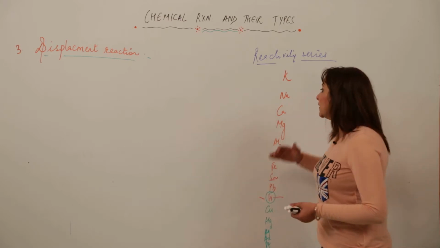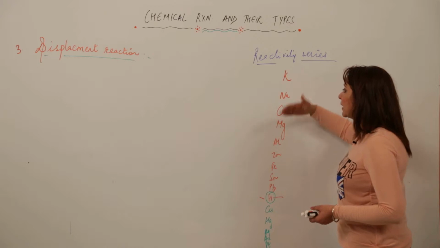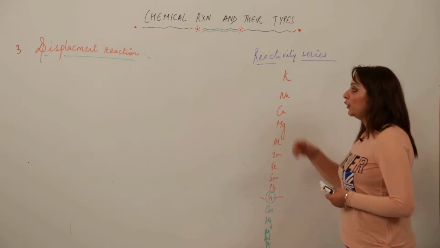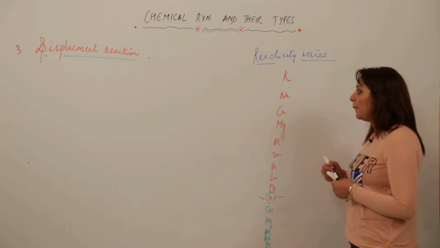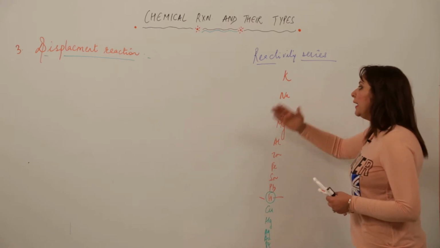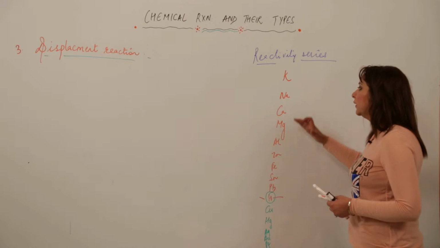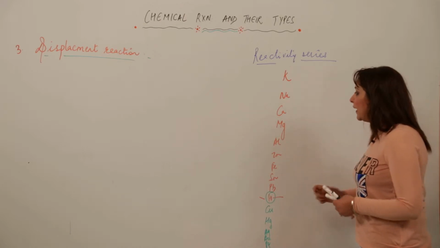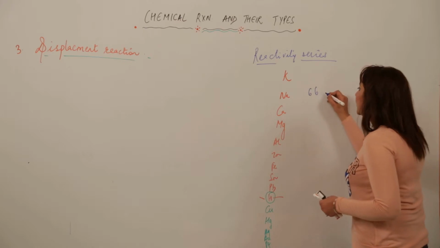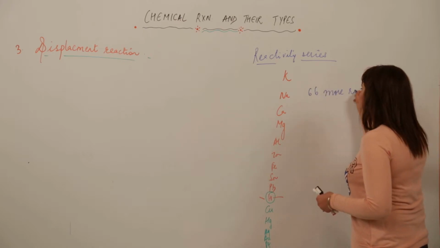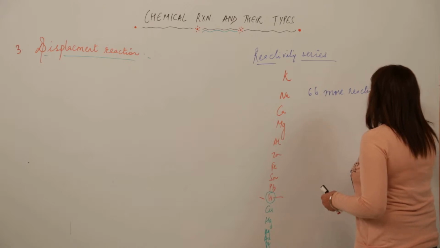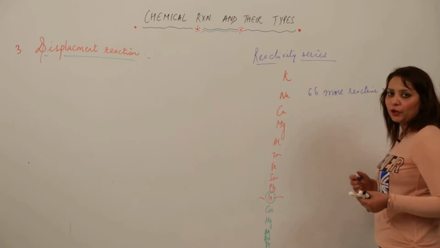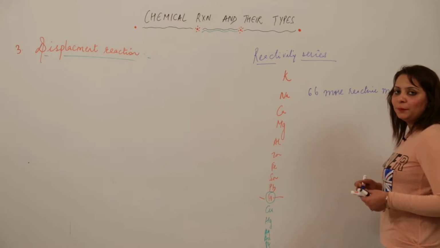important role, because the element which is placed above is more reactive than the element which is placed below, and for the displacement reaction to happen, it can happen only when the more reactive element reacts with the less reactive element, because from this reactivity series we conclude that a more reactive metal or element, whatever you can say, because it happens for non-metals also.